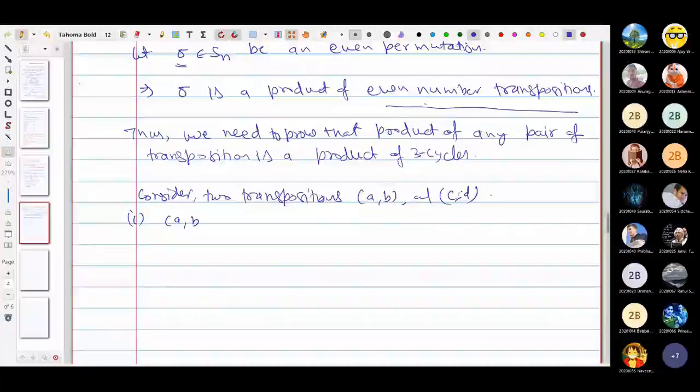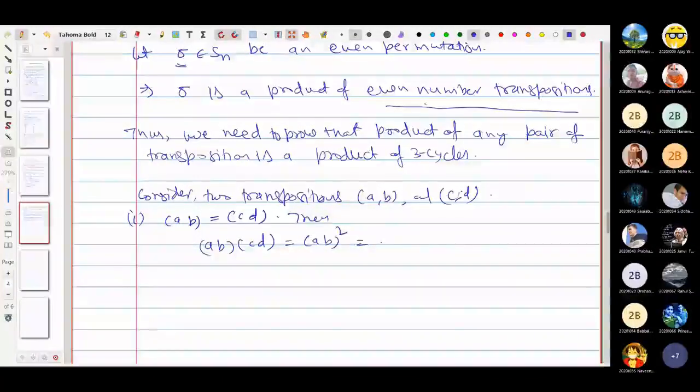First, AB equals CD. Then AB times CD is equal to AB squared, and because transpositions are self-inverse, this is equal to the identity.